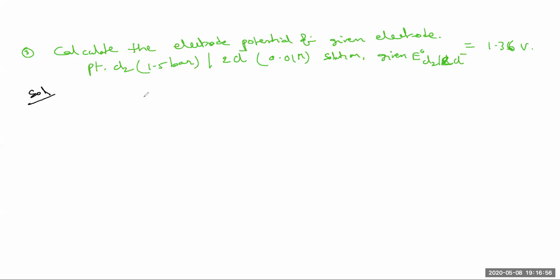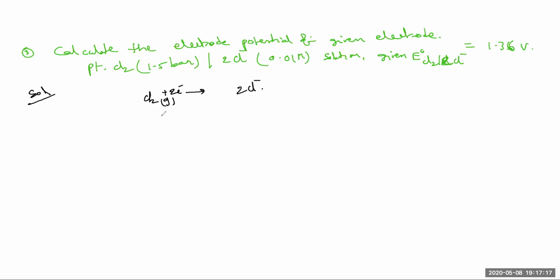Only chlorine undergoes reduction, right? That means two Cl minus. Okay, that reactions are given now.